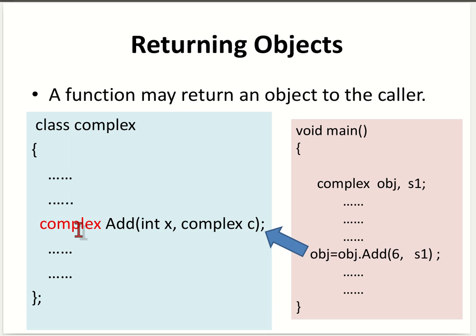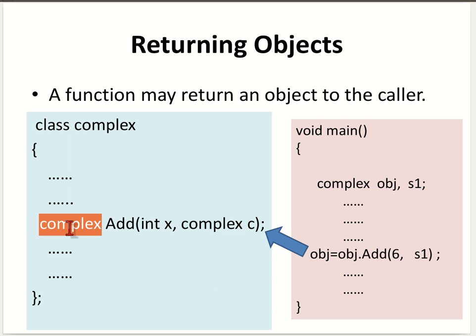And here, if we want to, let's say, return an object, what we have to do is, as the return type, just like int, float, those data types, we have to mention the class name as the return type.